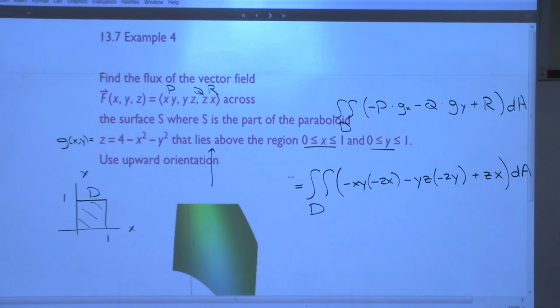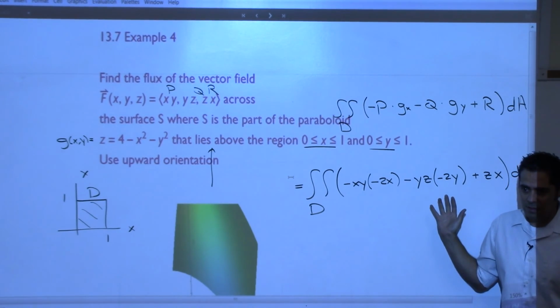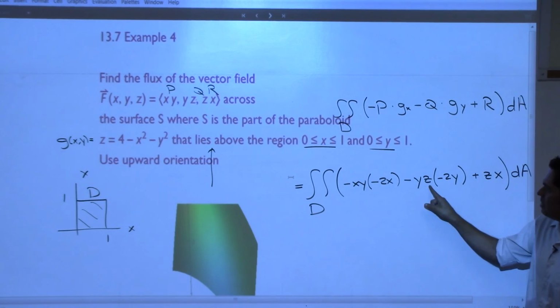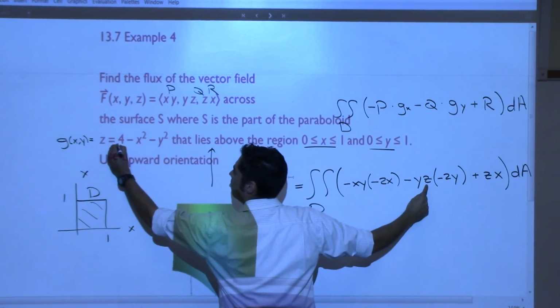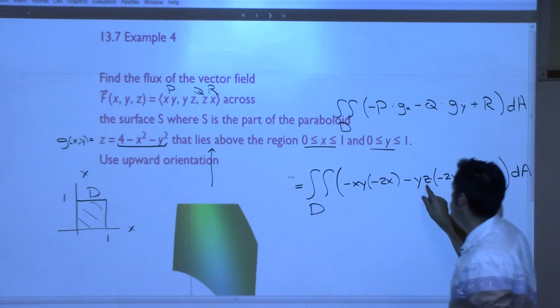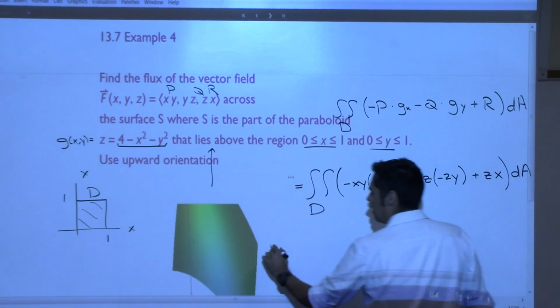Yeah. If I'm going to be integrating with respect to x and y, I need all these to be x's and y's in here. I have a z in here, but z is 4 minus x squared minus y squared. So I'm almost done setting it up.